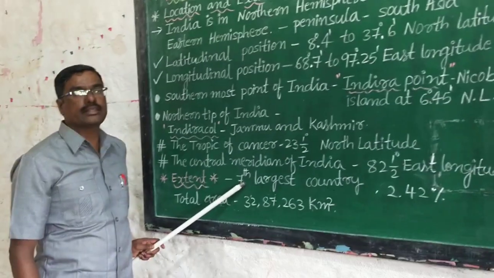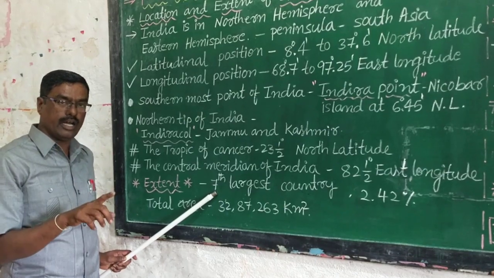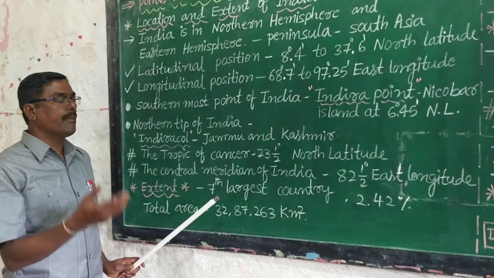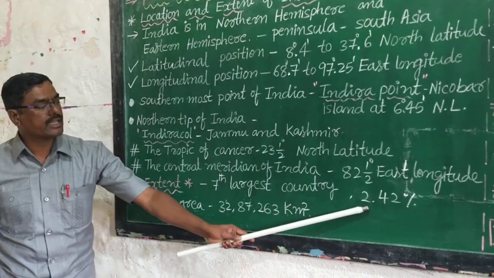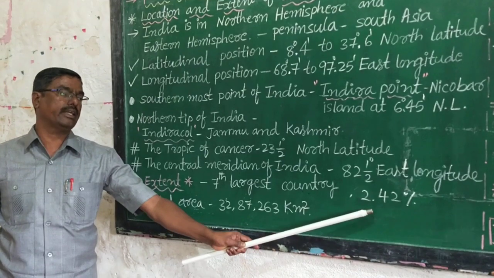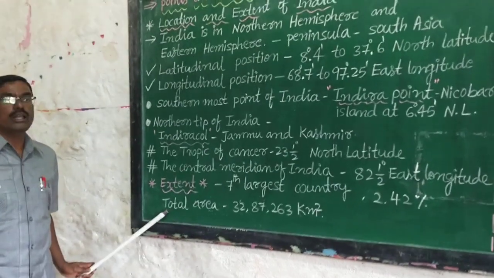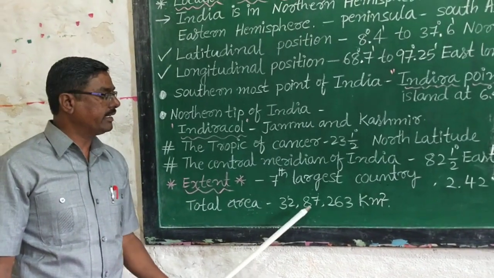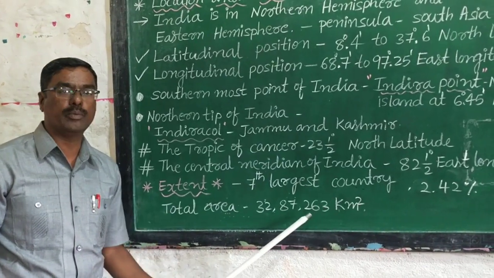India is 7th largest country in the world after Russia, Canada, China, United States of America, Brazil, Australia, etc. India occupies 2.42% of world's total area. The total area of India is 32,87,263 square kilometer.